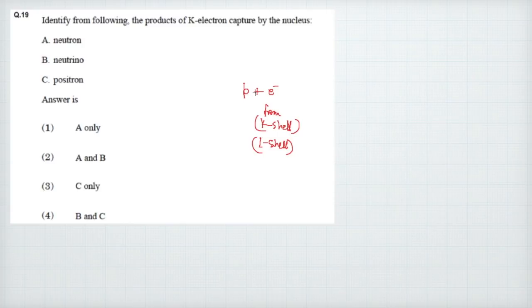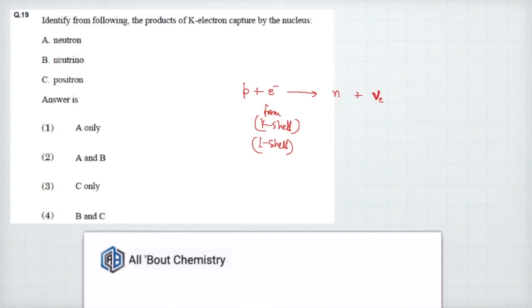In both cases the proton absorbs that electron and forms a neutron, and along with that you will get a neutrino. So a proton is converted into a neutron, and simultaneously emission of an electron neutrino happens. So the answer will be formation of a neutron, and also a neutrino is going to be eliminated in this reaction.